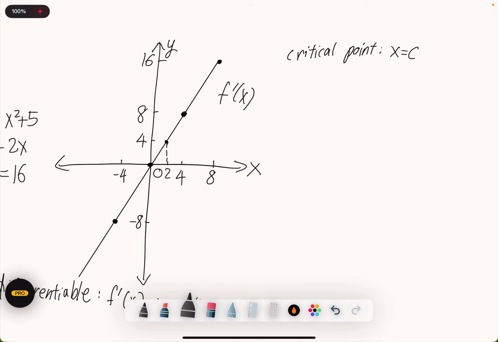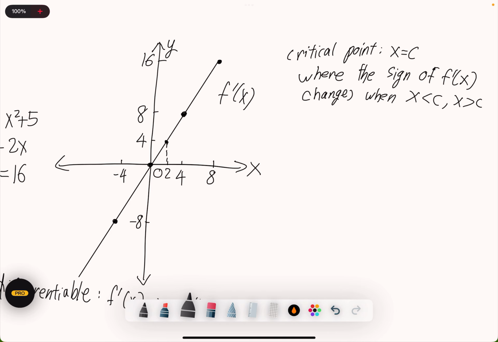where the sign of the derivative of f of c changes. So like where the sign of the derivative of f of x changes when x is less than c and x is larger than c.